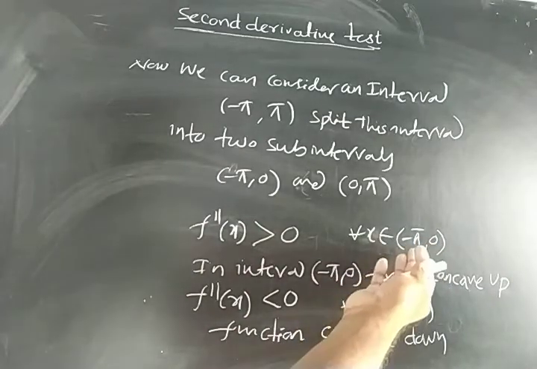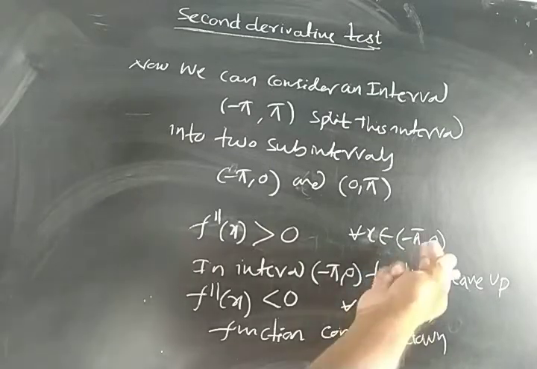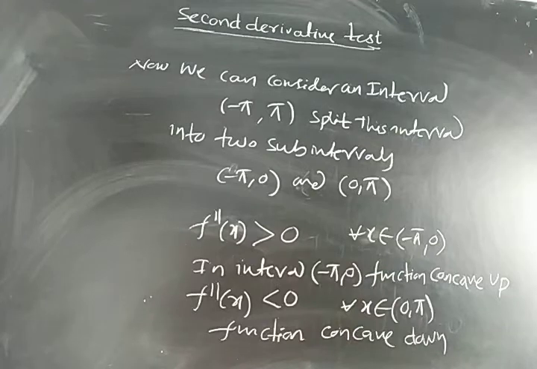Like that, at pi, at 2 pi, at 0, at 3 pi, all these values are known as points of inflection. Okay.